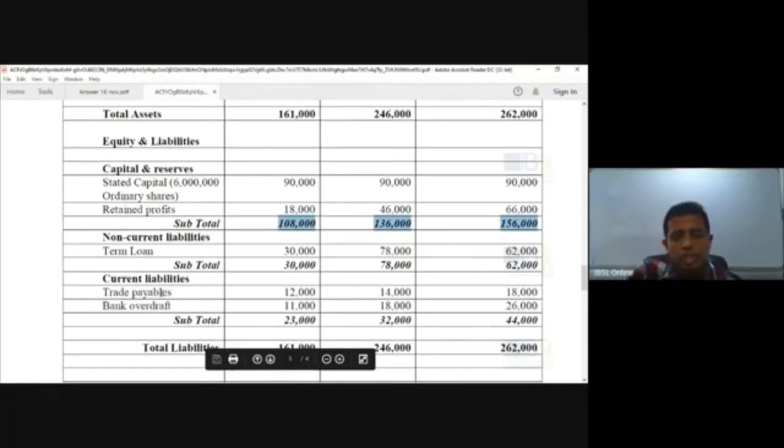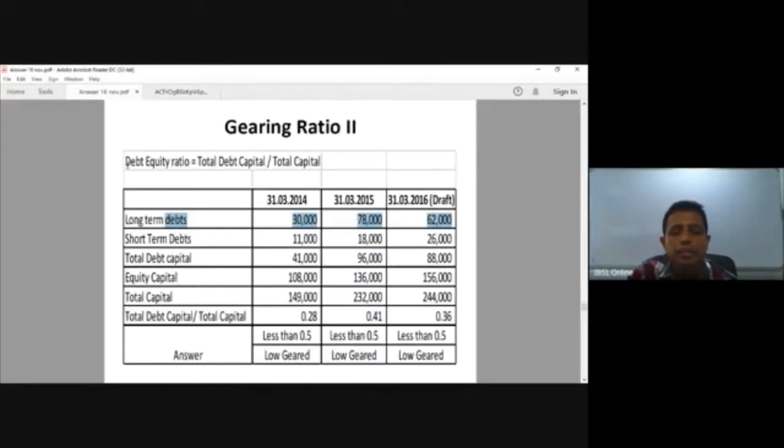We do not consider creditors as short-term debt capital. We have to take only the bank overdraft and the short-term loans. I took only the bank overdraft, 11,000, 18,000 and 16,000, as short-term debt capital. Then you have total debt capital of 41,000, 96,000 and 88,000.